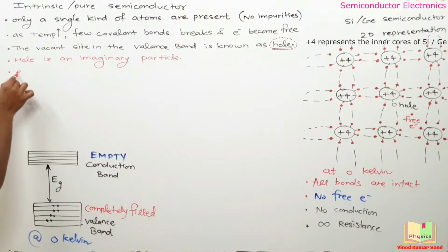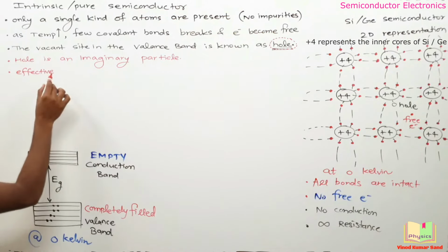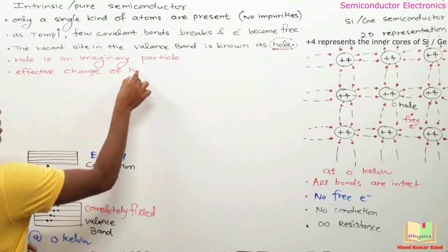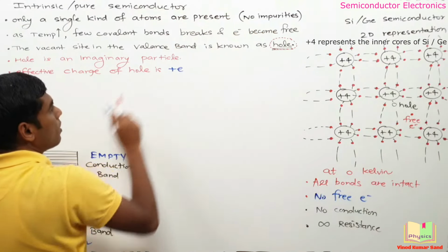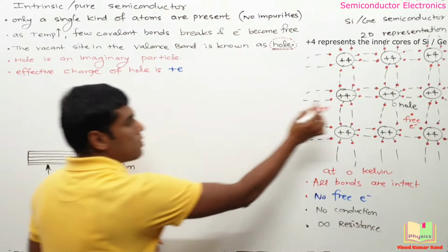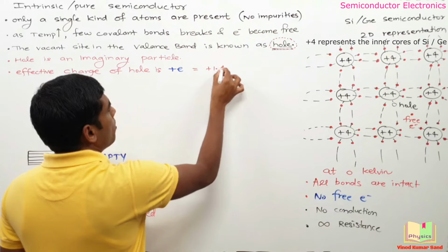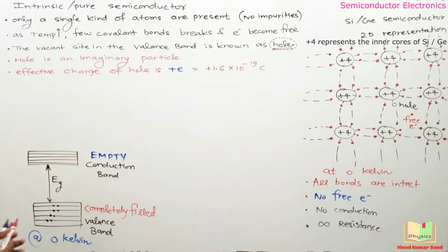The effective charge, why we use the term effective? Actually, hole doesn't exist. The effective charge of hole is plus e, because it is the absence of the electrons. So the effective charge is plus 1.6 into 10 to power minus 19 coulomb.